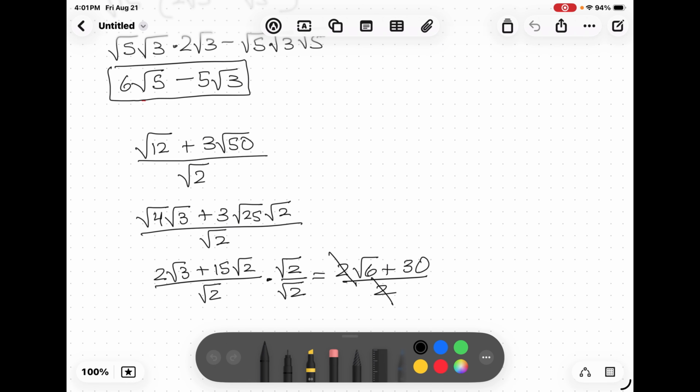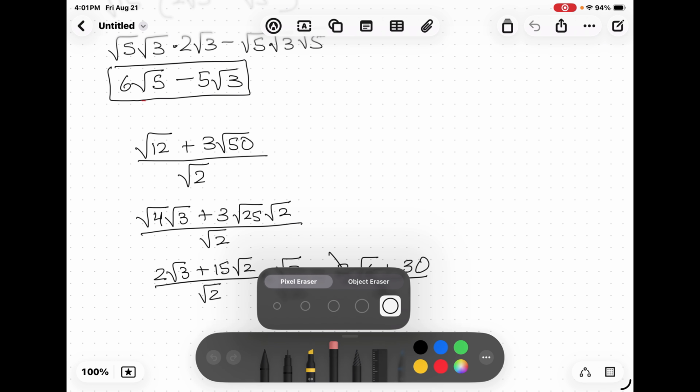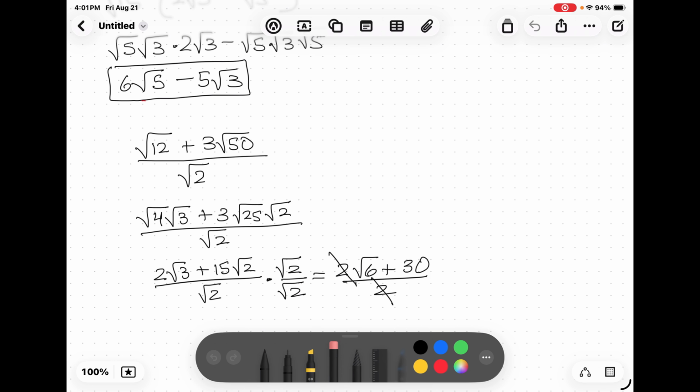Let's go back and erase that. Very wrong choice. So we still have the 2. All right, so we still have that 2, and we had that 2 there. Okay, so what can we do? I can factor a 2 in the numerator, like so.